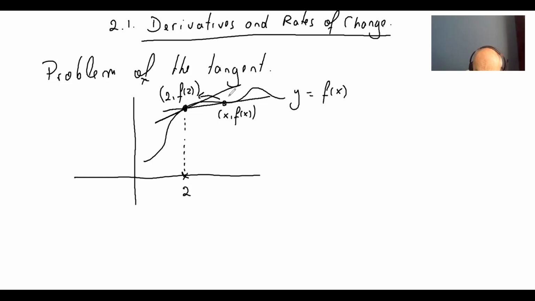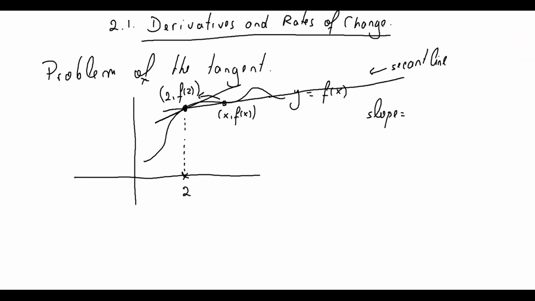So the two points are on this line, this is the secant line. The slope of this line is going to be, and I'm going to write here, the slope is y2 minus y1 divided by x2 minus x1.